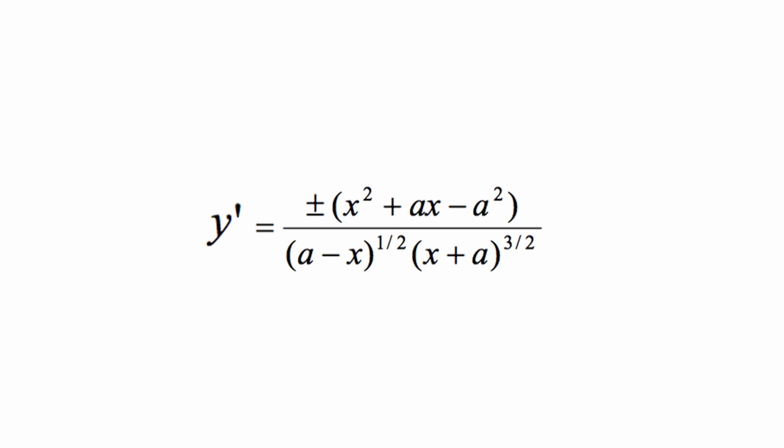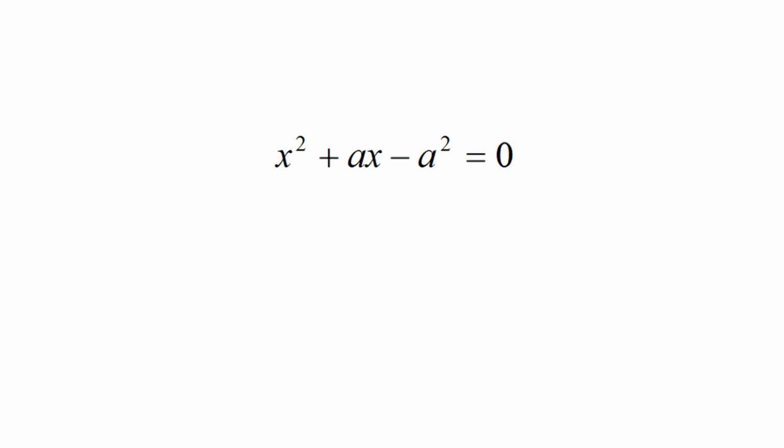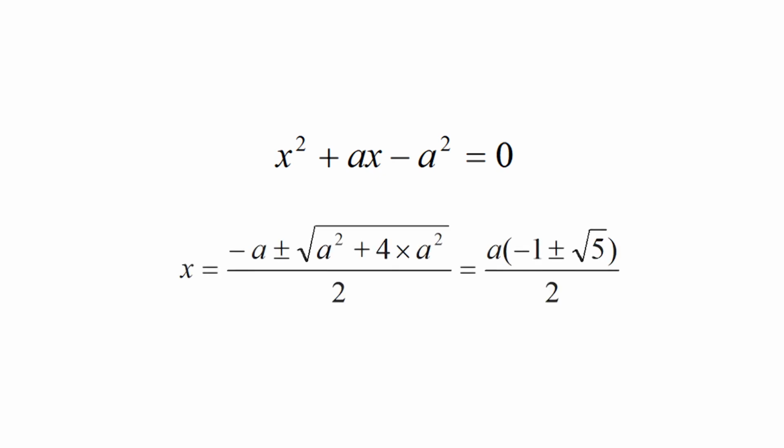Y dash is equal to 0 implies x square plus a x minus a square is equal to 0, which gives x is equal to minus a plus or minus square root of a square plus 4 a square whole divided by 2, which is equal to a into minus 1 plus or minus square root of 5 whole divided by 2.